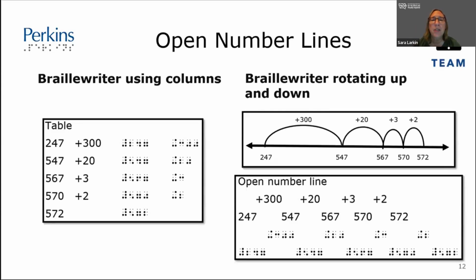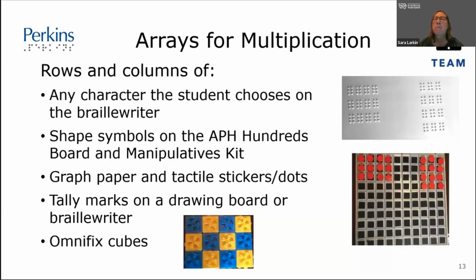Rotate it up for the plus 20, down for the answer of 567, up to say plus 3, down for the answer of 570, up to get plus 2, and down for the answer of 572. So just a couple of ways they can do open number lines and still have the same concept expressed.